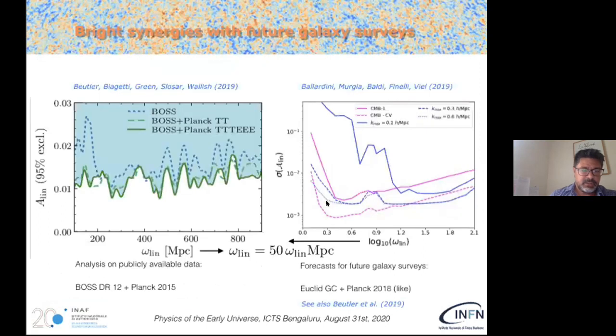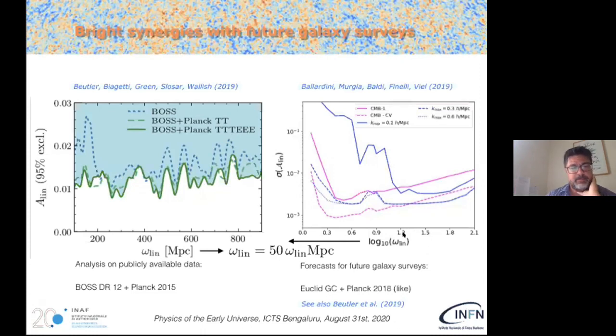This attenuation becomes important for publicly available data, and we see here the constraints from Beutler et al. using Planck 2015 data and BOSS DR12 data. And this can also be used for forecasts. Here you see a forecast for Euclid data and Planck 2018 simulated data, which shows basically two things.